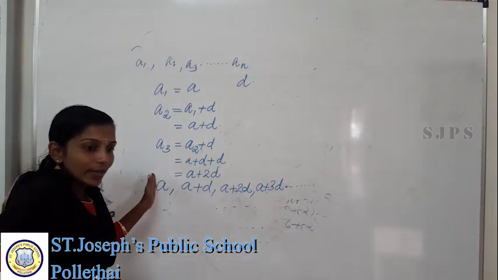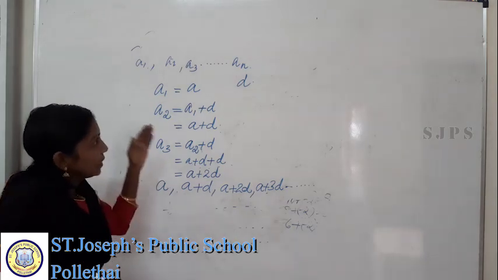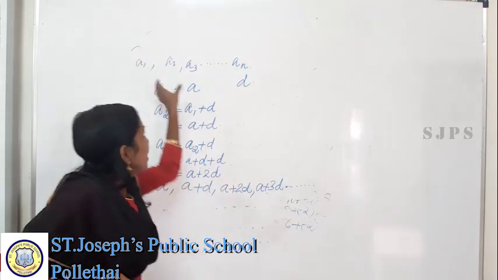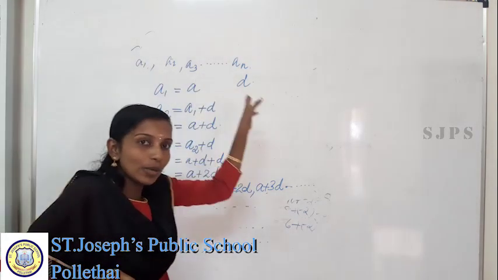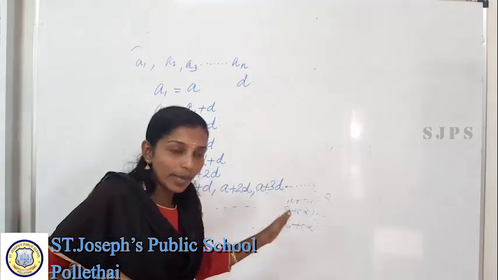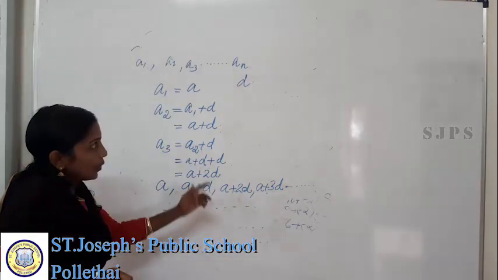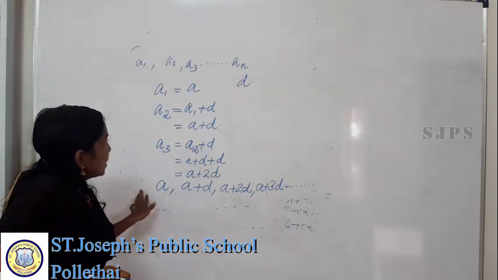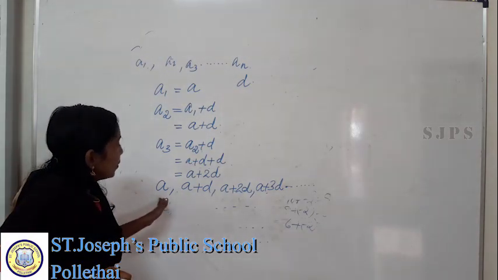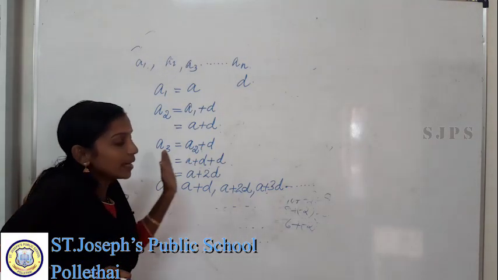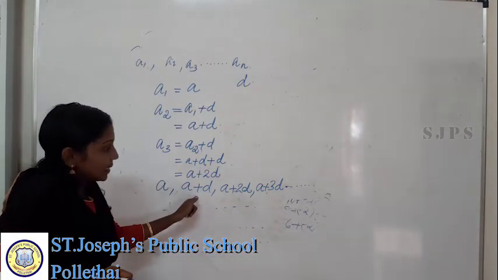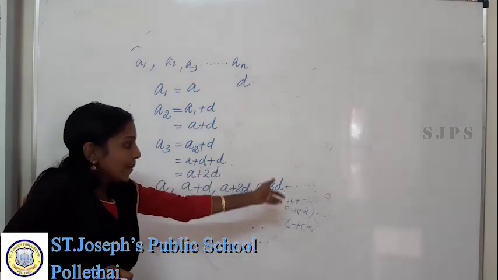Next we are studying what is the common difference. The fixed number we are adding in an arithmetic progression is called the common difference, and we denote it with the letter D. And next, the general form of an AP: A, A plus D, A plus 2D, A plus 3D.